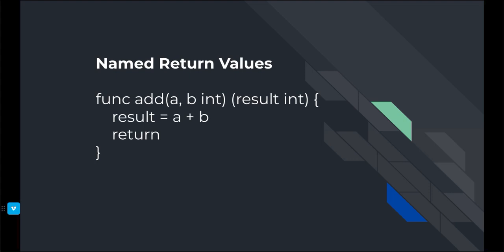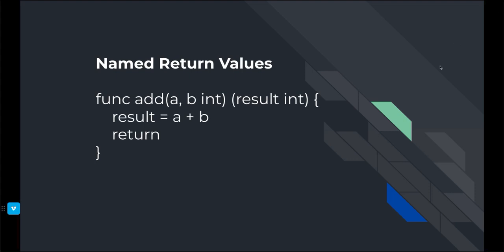Here, result is assigned the sum of a and b. Because result is already named in the function signature, you don't need to declare it with a colon equals or var. Return. Since result is already defined, just writing return automatically returns the value of result. In short, with named return values, you don't need to specify the return variable in return. This can make the code cleaner and more readable.